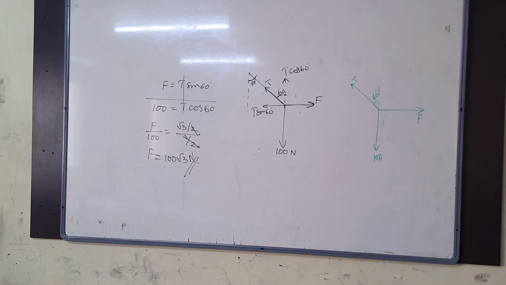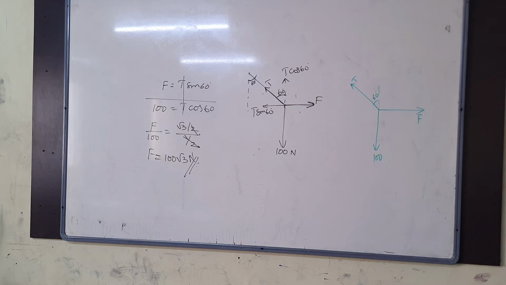So T equals how much will we get here? 200, this 2 will go. And now we substitute that 200 here. Then F equals F by root 3 by 2. By F only I have to find out, of course.